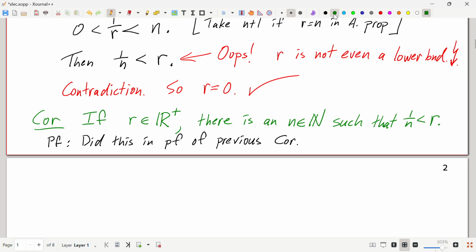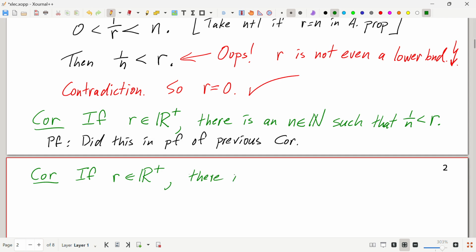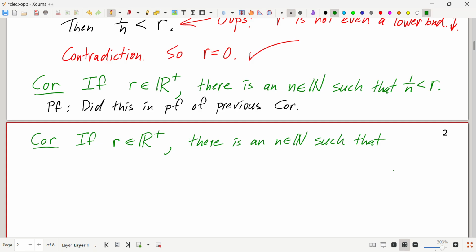Another one that pops right out, and these sound maybe kind of silly, but if r is bigger than 0, r a real number again, there is an n such that r lands in an interval: n minus 1 is less than or equal to r, and that's less than or equal to n.